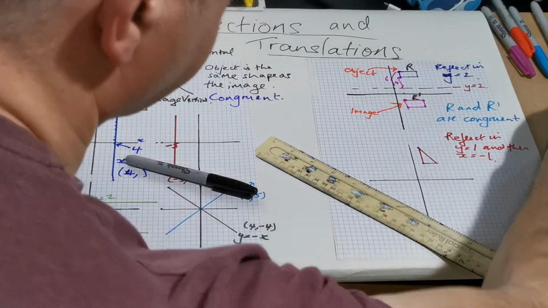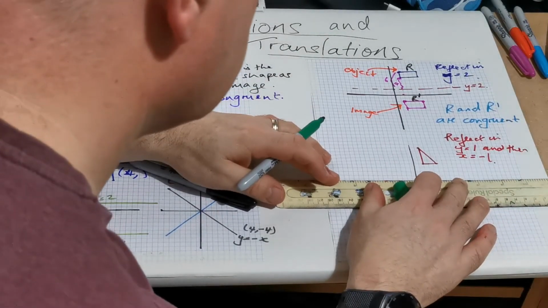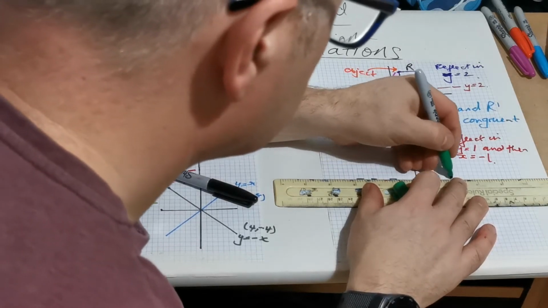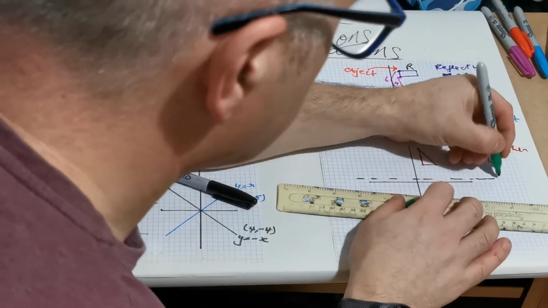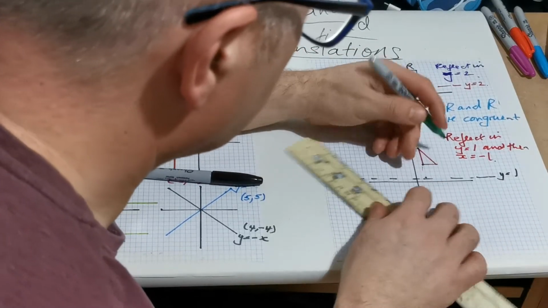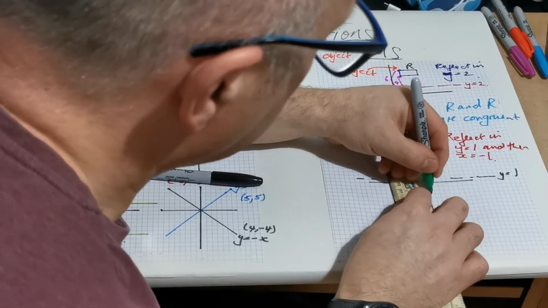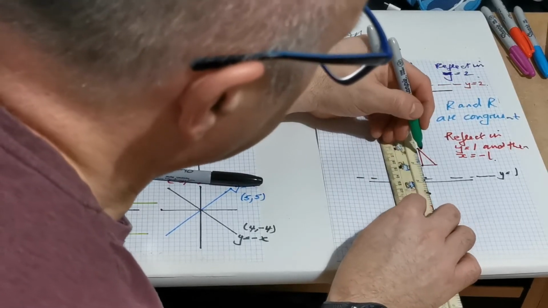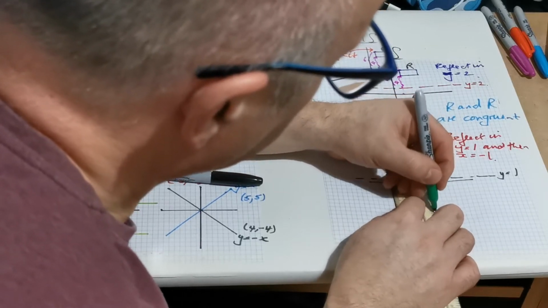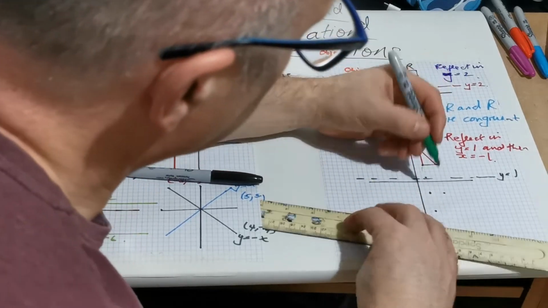So let's find our y equals 1 line first. So notice this is 4 away, so that one's going to be 4 away. This one here is 11 away, so this one's going to have to be 11 away, which is there, and 3 across.